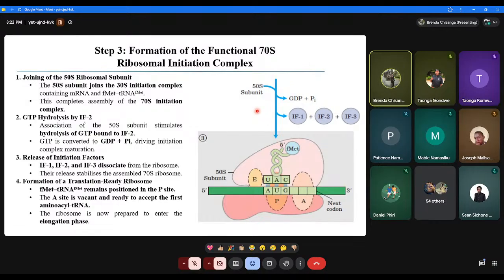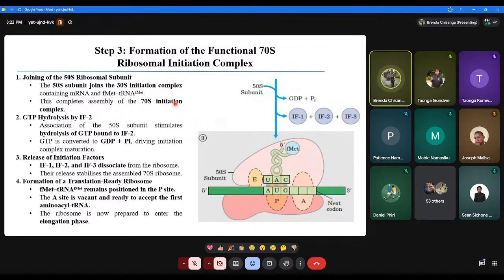Now, formation of the 70S ribosomal initiation complex. At this point, we already have our 30S initiation complex. You have your mRNA well positioned in the P site, that is the AUG, and also the A site is blocked. Now, to form the 70S ribosomal unit, we need to bring in the 50S ribosomal unit.